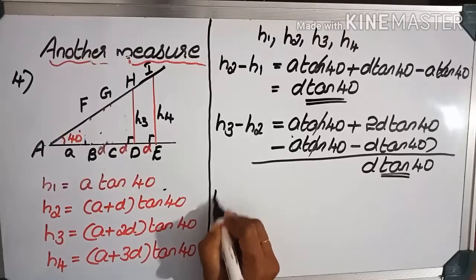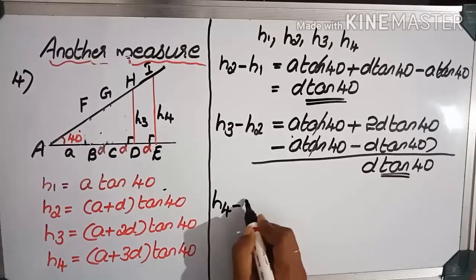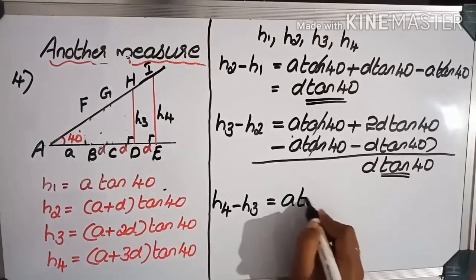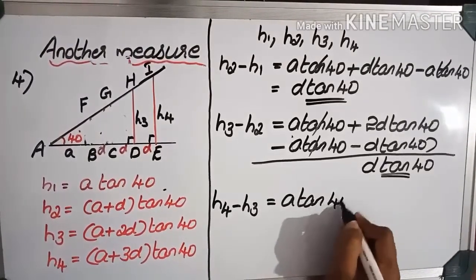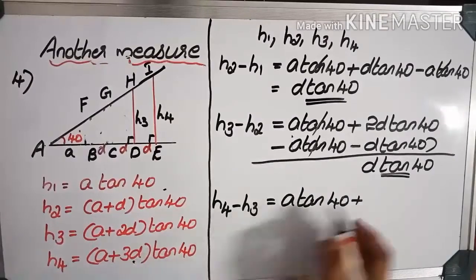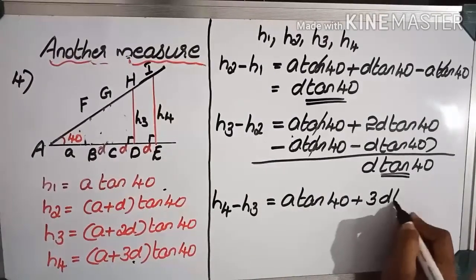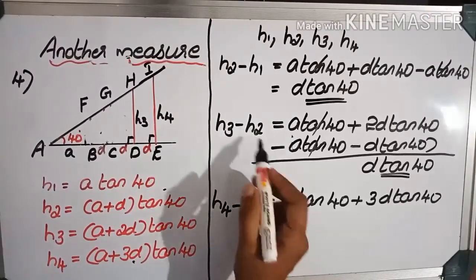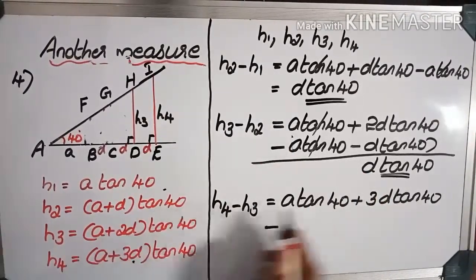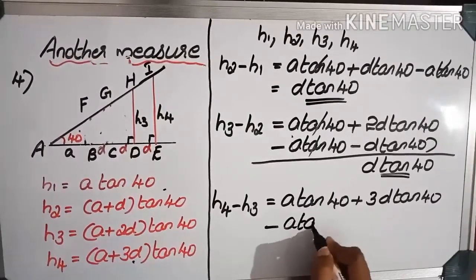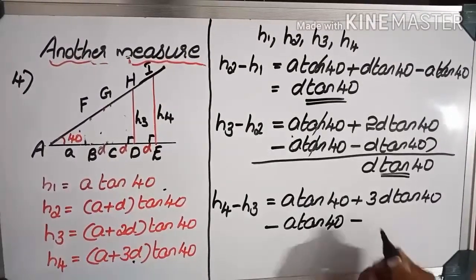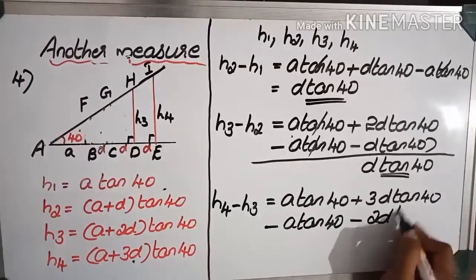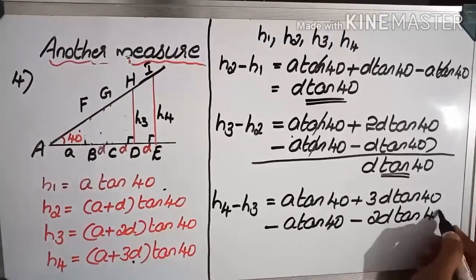Next is the third one, that is H4 minus H3. H4 is A tan 40 plus 3D tan 40. Then subtraction, so minus H3. H3 means here A tan 40 plus 2D tan 40.